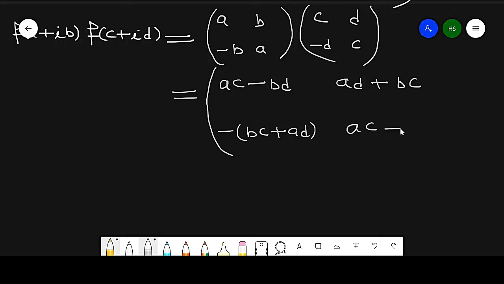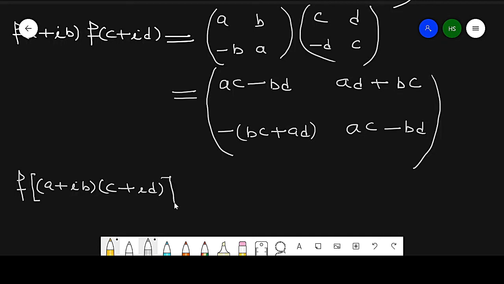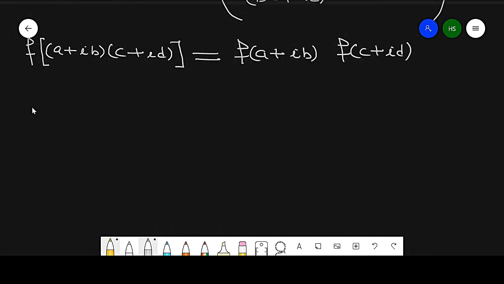So clearly F of (A plus iota B)(C plus iota D) is equal to F of A plus iota B times F of C plus iota D.